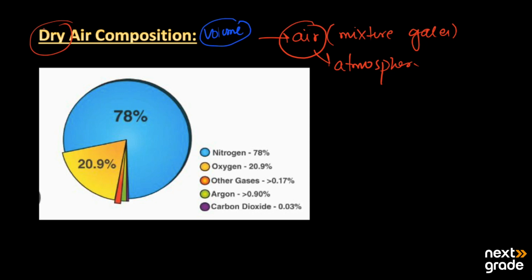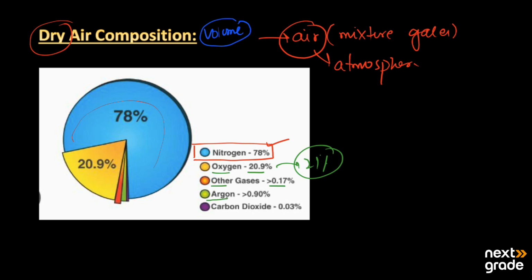In air the main gas present is nitrogen. Its percentage is 78%, and the second gas is oxygen, which is almost 20.1, or we can say 21% of oxygen is present in our atmosphere. Then we have other gases.